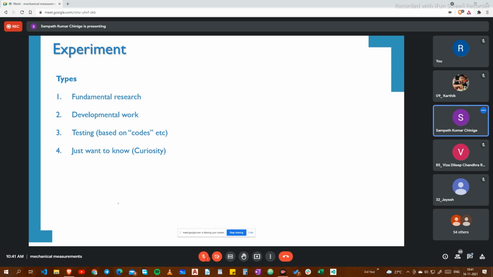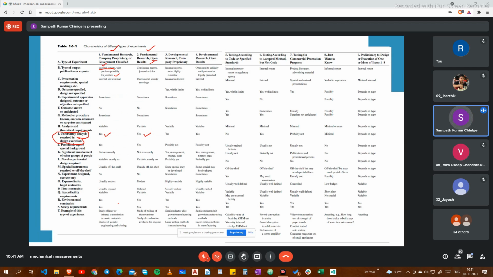Now, how this developmental research work is classified, whether it is company proprietary, owned by a company, or open, and what the constraints are, is also shown in this particular table. I hope you can go through that. I have explained one, so I am expecting you to go through it.